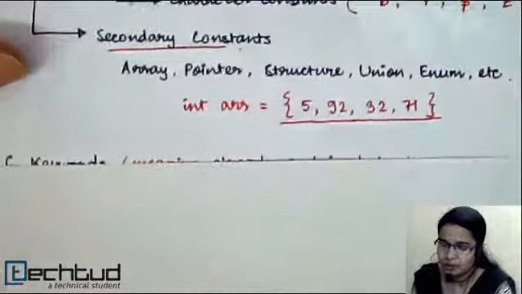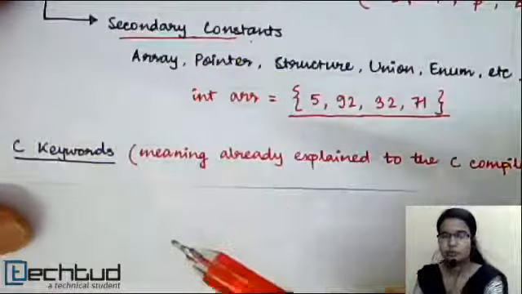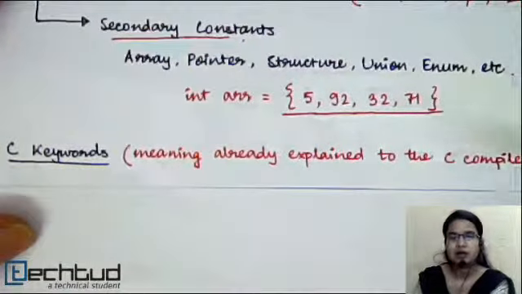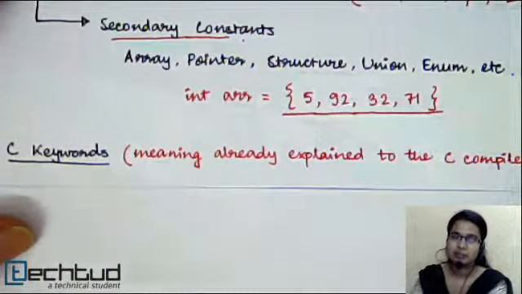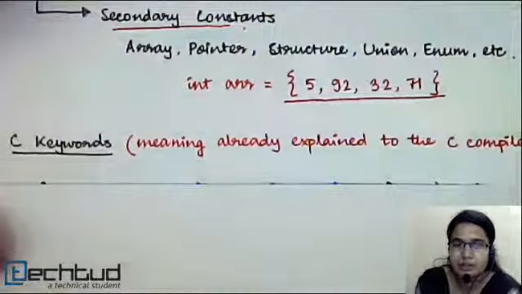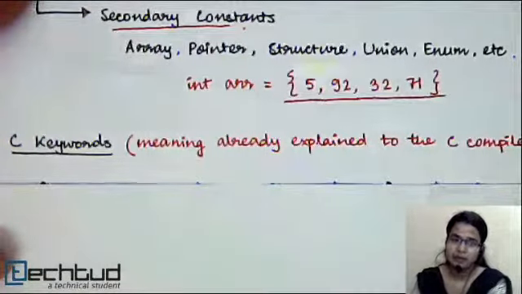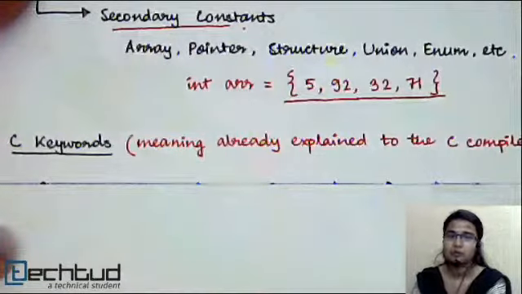Okay, next thing is keyword. C keywords are those tokens whose meaning is already explained to the C compiler. There are actually 32 basic C keywords which are explained to the compiler, and according to the compiler there are usually a few more keywords.